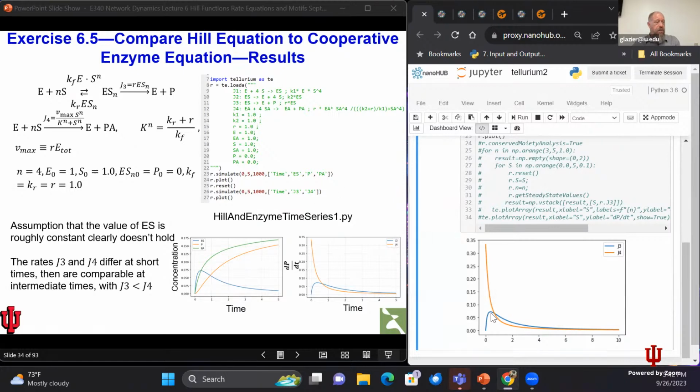And so what we see if we compare our two results is the rate of production of J for our second one starts out very large and then decreases as we run out of substrate. The rate of production for the enzymatic reaction starts out at 0 because we have no complex. It takes a while for the complex to form, and then it gradually decreases. If we look at long times, they're almost the same.